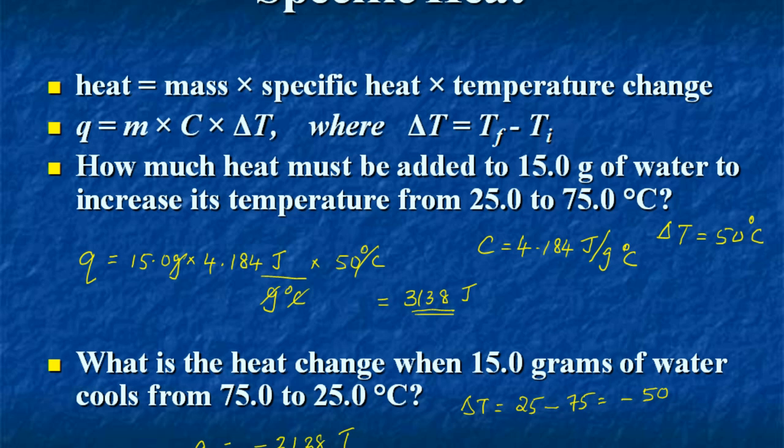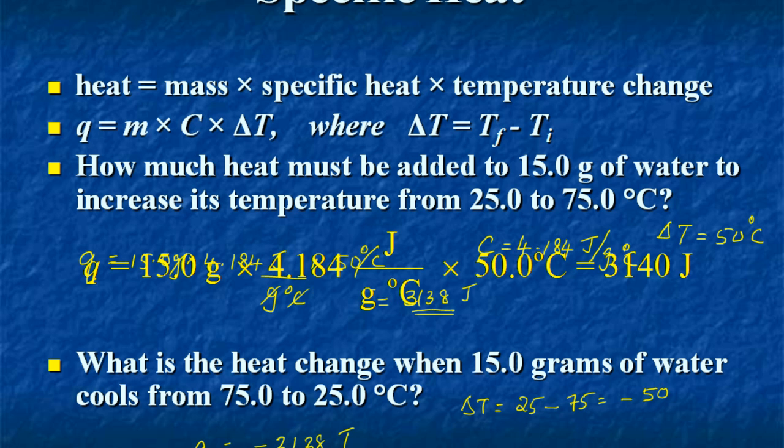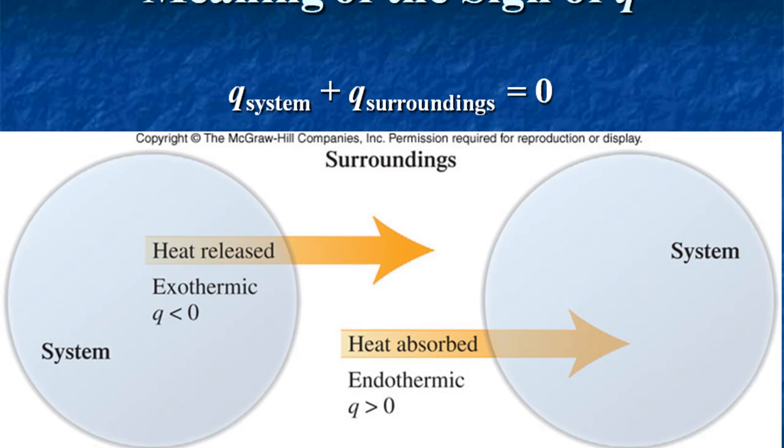Okay? Now, the sign of Q is important. Sign of Q tells us a couple of things. Oh, here the calculation again. Well, I guess they have rounded off, so 3140, doesn't matter. So, the sign of Q is important because it tells us a couple of things. And what is the meaning of Q?